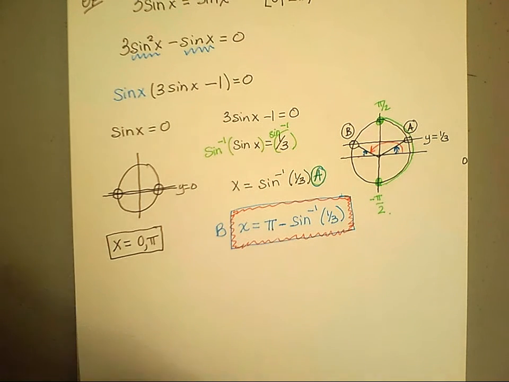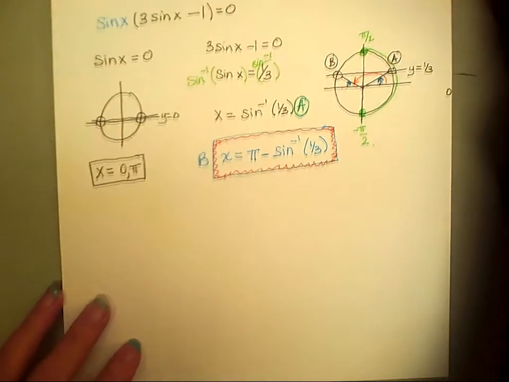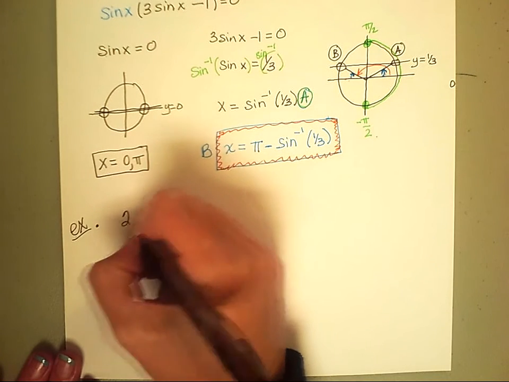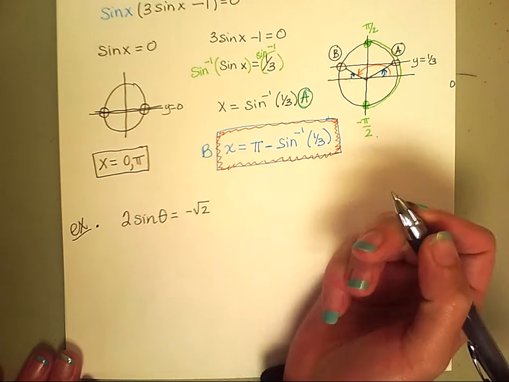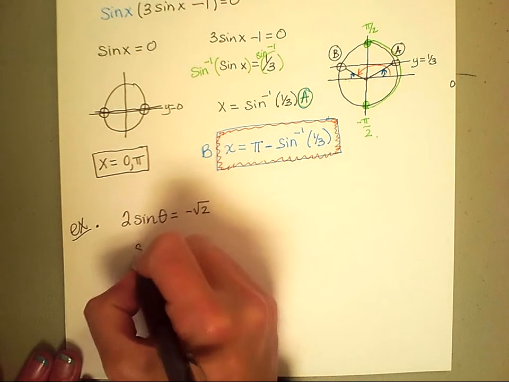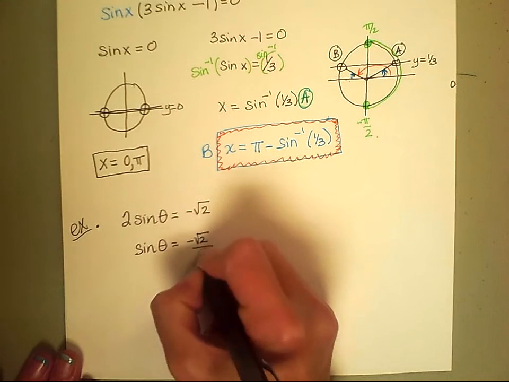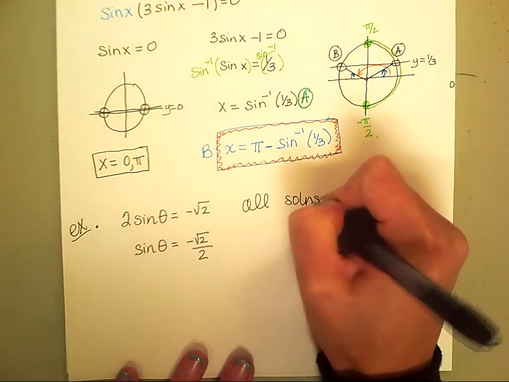Alright, let's do another one where we find all solutions. Okay, so for example, if we have 2 times the sine of theta is equal to negative root 2, let's isolate the sine of theta by dividing by 2, so we get the sine of theta is equal to negative root 2 over 2. Okay. We want to find all solutions.